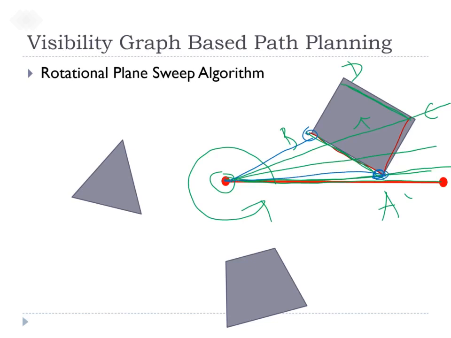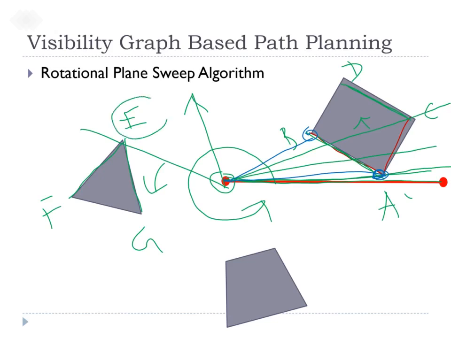And if we move further, there will be a point when this vertex is visible, but if we move beyond this, then if I call these E, F, and G, EG and EF will be the edges which will be intersecting with the line of sight, and hence there will be an obstruction. So E will be the starting point of these edges, EG and EF, for obstructing the vision.